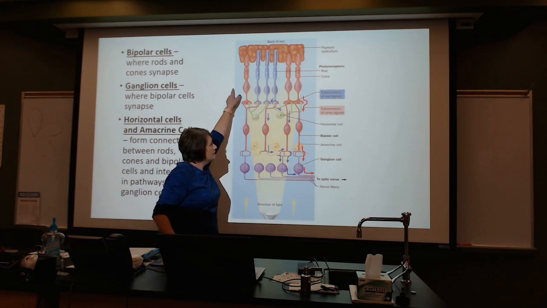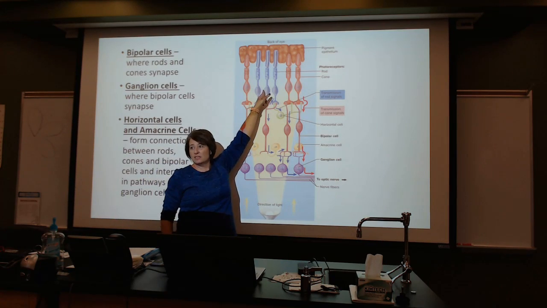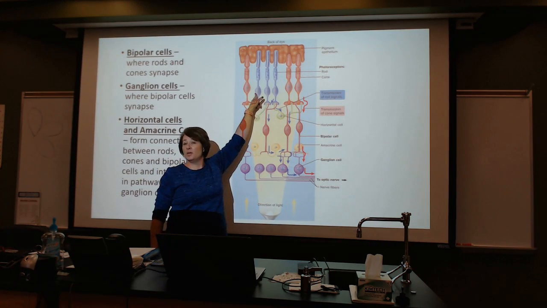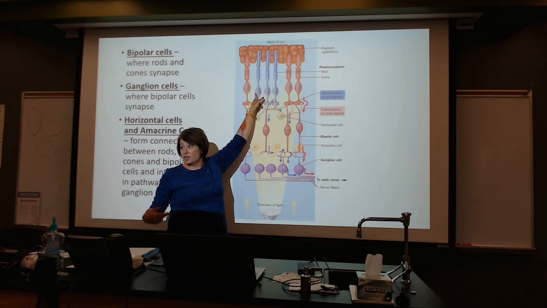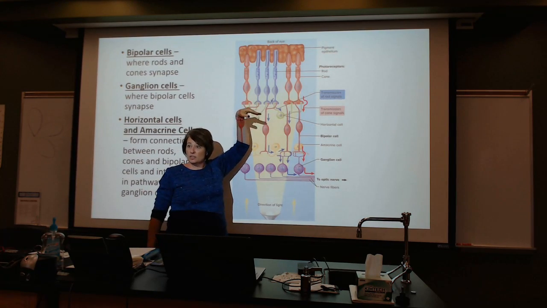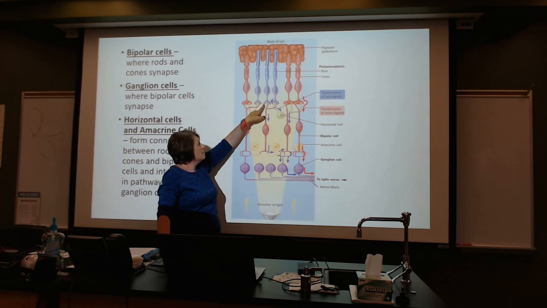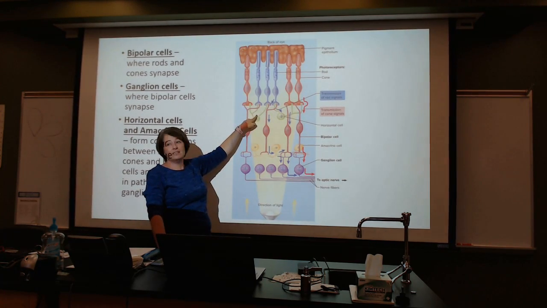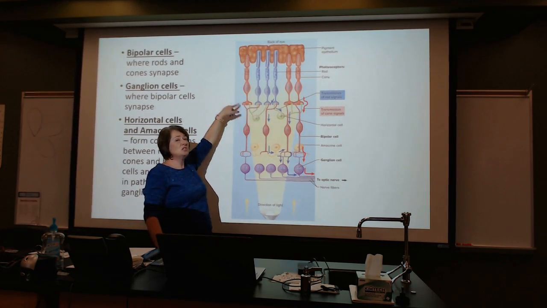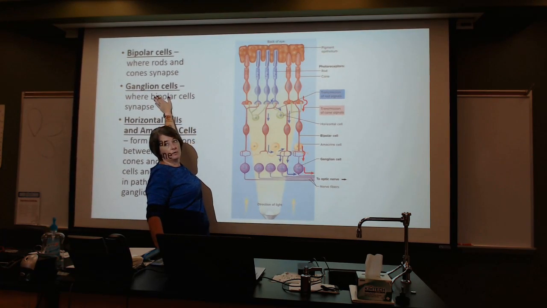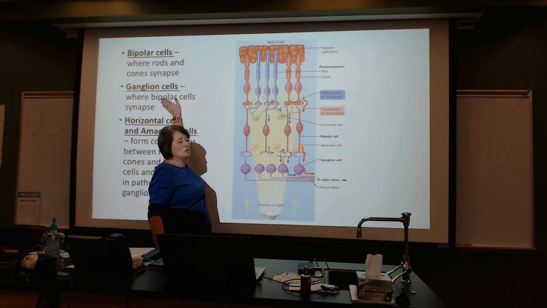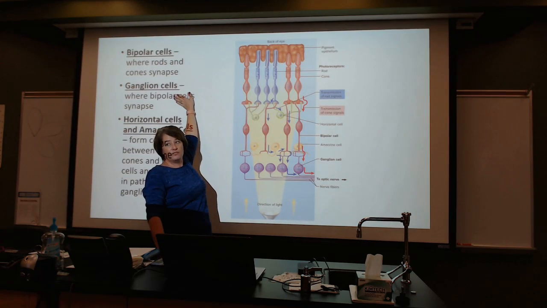So light gets to come in, and rods and cones pick up whether we're dealing with a huge amount of light or little, so for example at nighttime. They are going to begin to have synapsing onto these other cells. These other cells are not responsible for the vision.